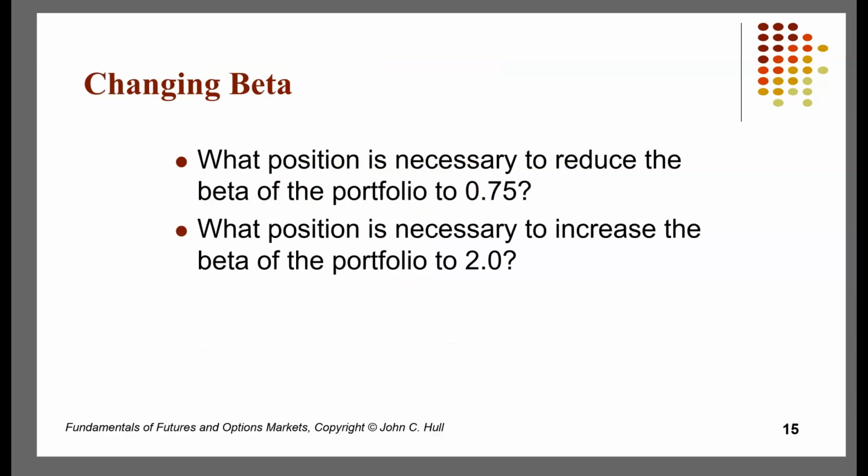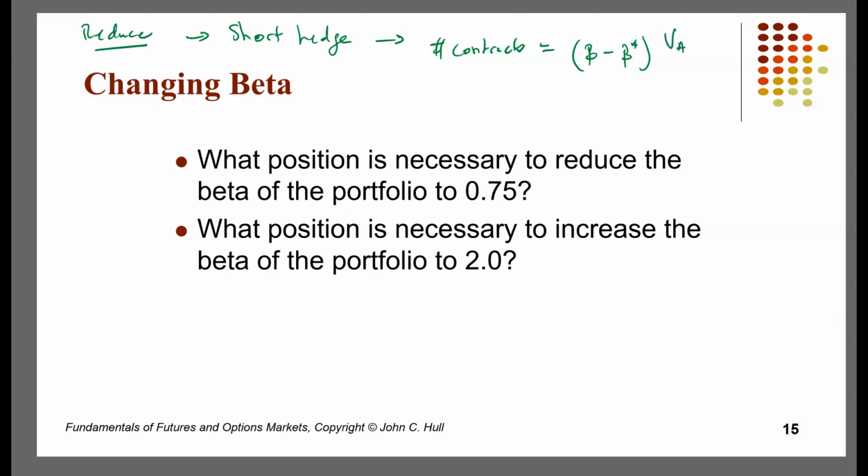So changing the beta of our position, we know how we go about it. To reduce the beta, what we need is a short hedge, and our short hedge is going to use a number of contracts equal to the beta that we have minus the beta that we want, multiplied by the value of the asset divided by the value of the futures.